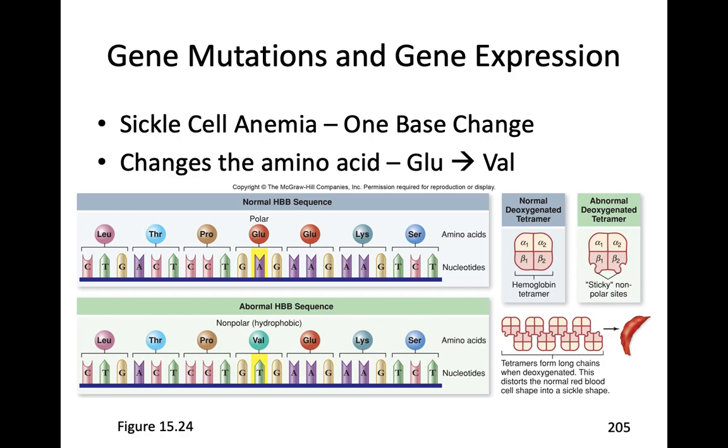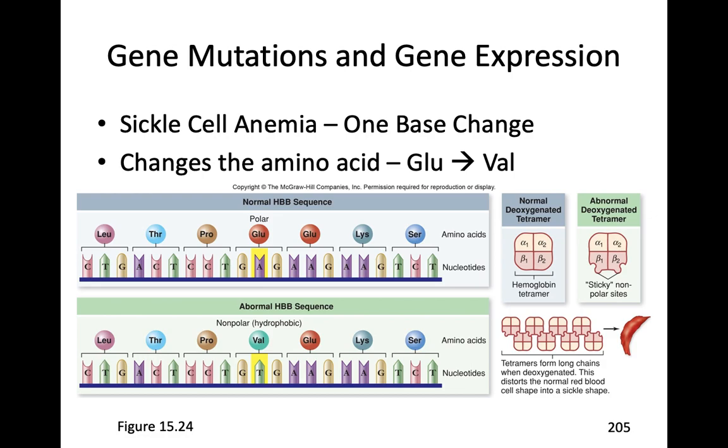And now to bring it back to some stuff we've talked about earlier in the semester, let's talk about sickle cell anemia. Once again, I know you're probably sick of hearing about sickle cell, but we're going to bring it up again. There's only a single base pair change mutation that is present in sickle cell anemia versus normal hemoglobin sequences.